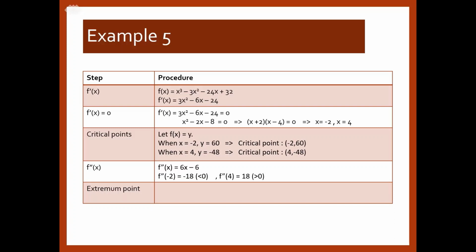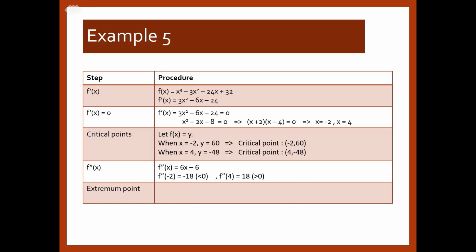Next, determine f double prime x. By differentiating f prime x that you have obtained just now, you should get f double prime x equal to 6x minus 6.